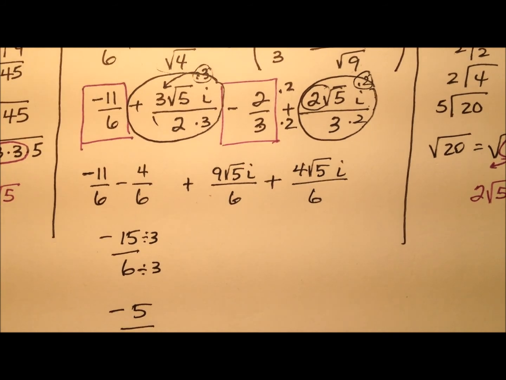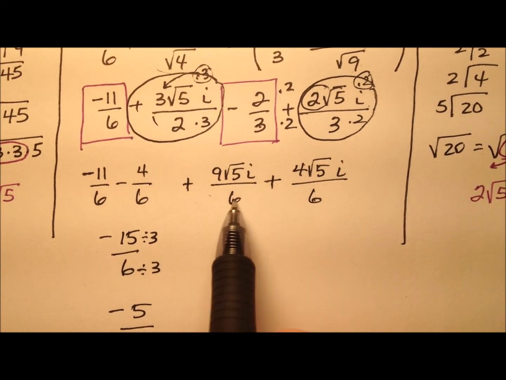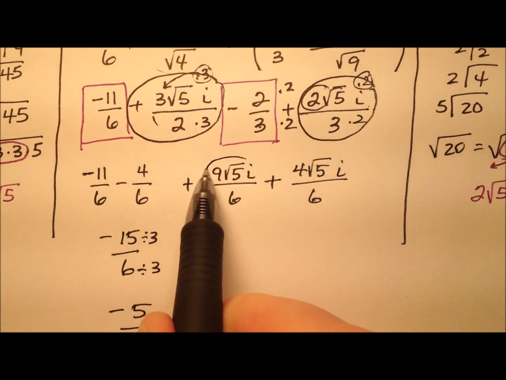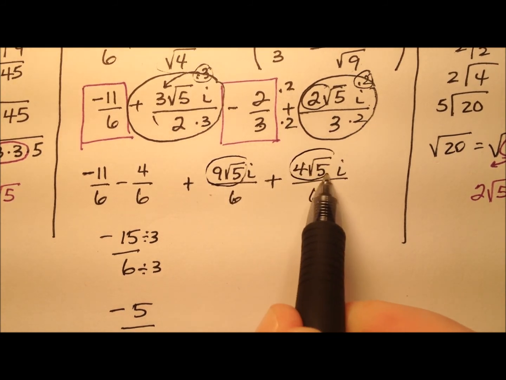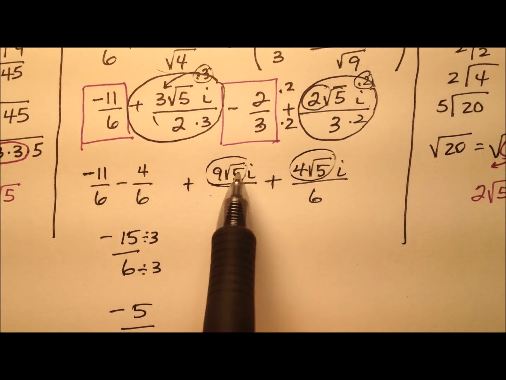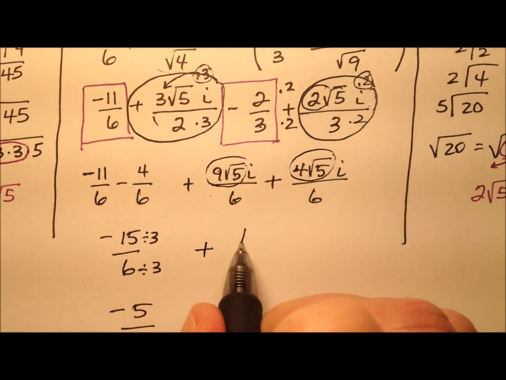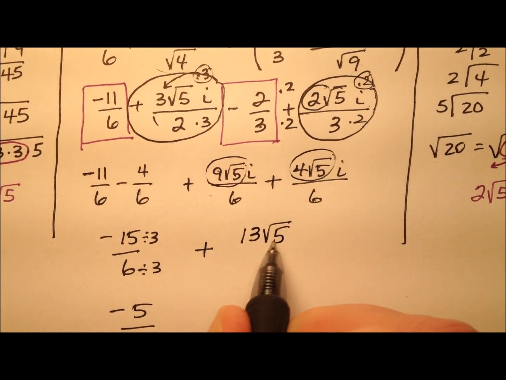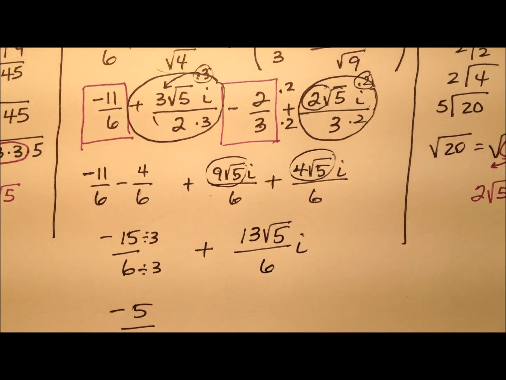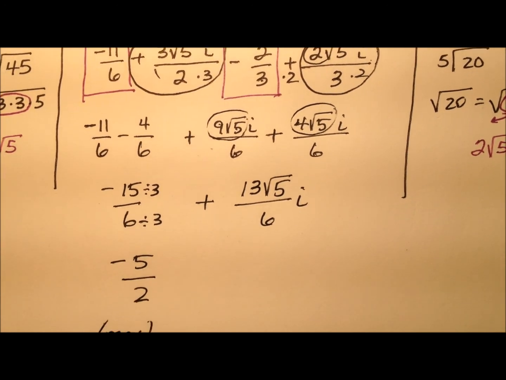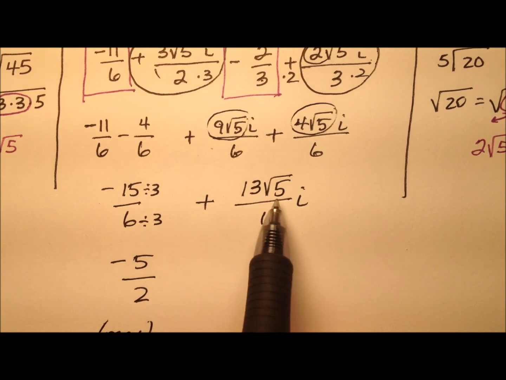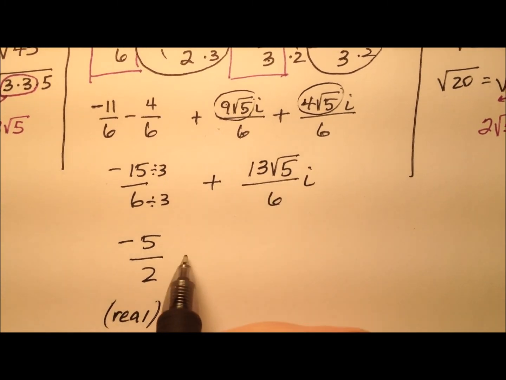And this is really nice because not only do we have common denominators here, we also have common radical terms. So 9 radical 5 and 4 radical 5 will add together to make 13 radical 5 all over that 6. And the i will come along for the ride, again because it needs to be in a plus bi form.